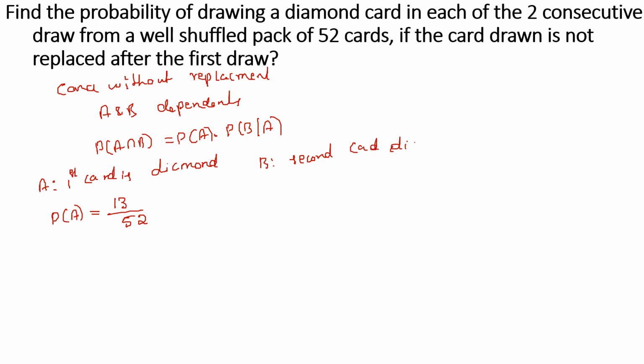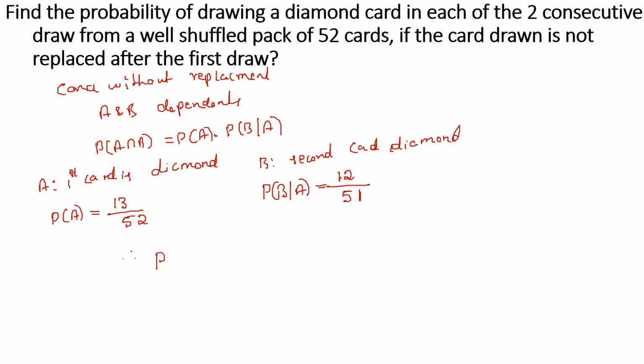Now, we have to find what is the probability of B when A has already occurred. Since we are not replacing the card, for probability of B given A, one diamond card is already removed. So remaining there are 12 diamond cards and the number of cards will be one less, that means 51.